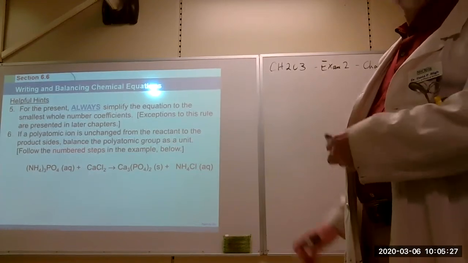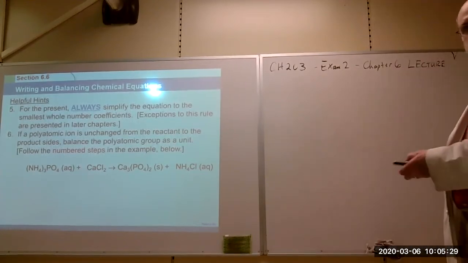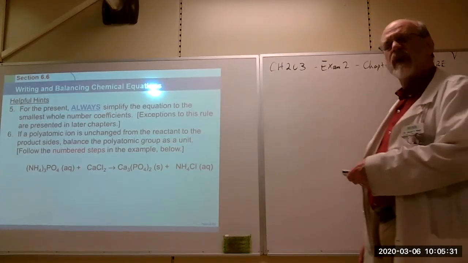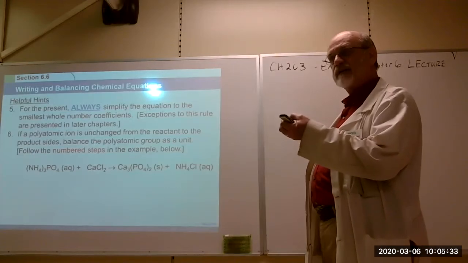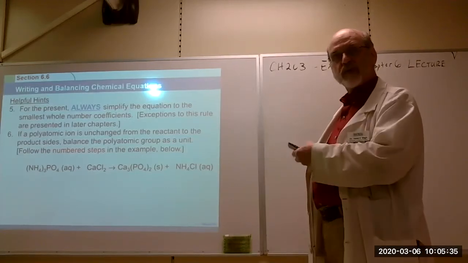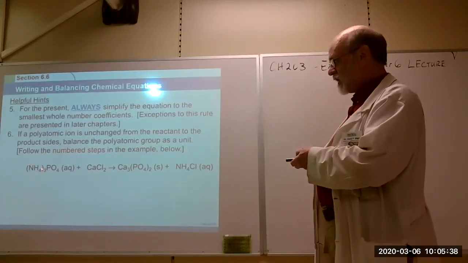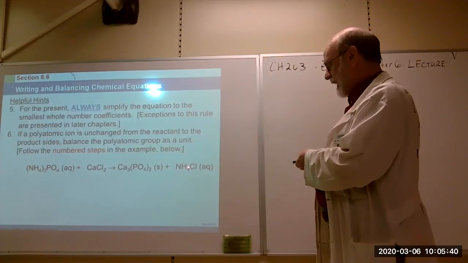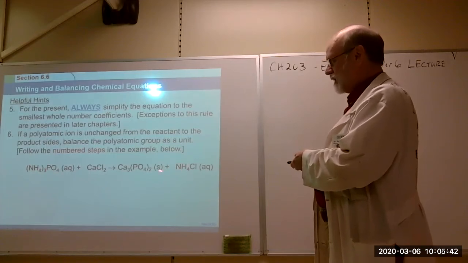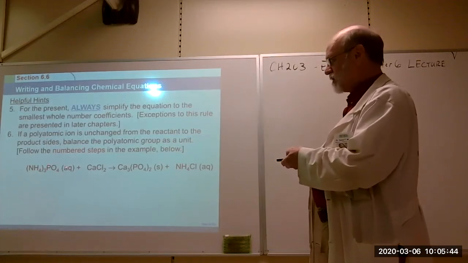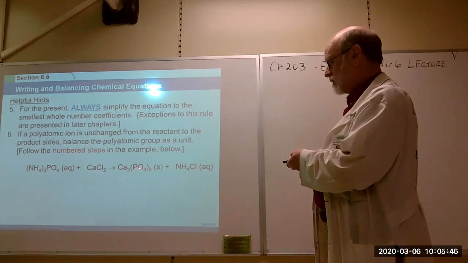Notice you've got all these polyatomic ions, right? Look to see if the polyatomic ion remains intact from reactants to products. Ammonium only occurs here, and it only occurs there. Phosphate occurs here, and it only occurs here.